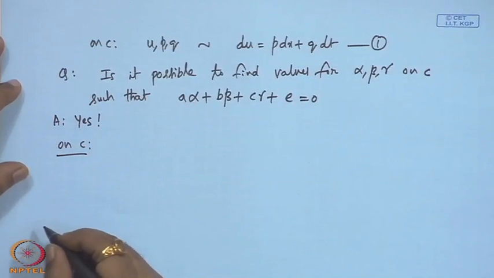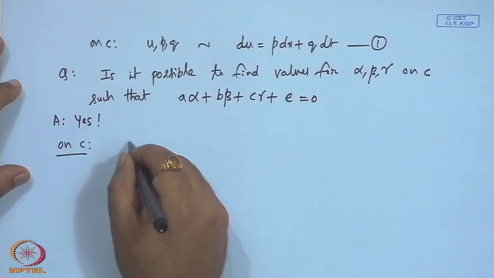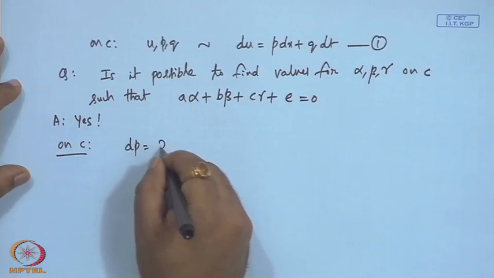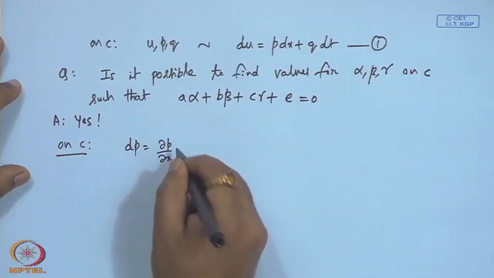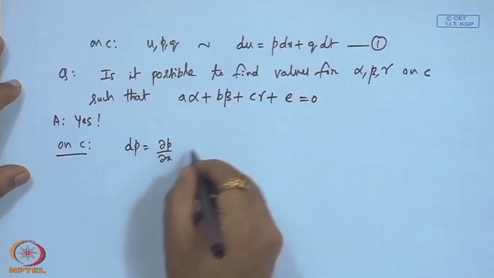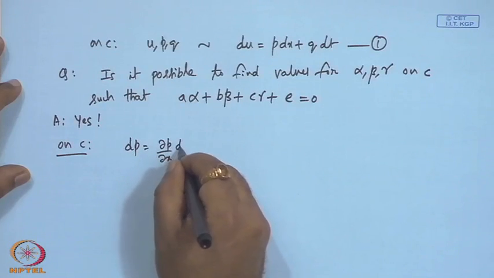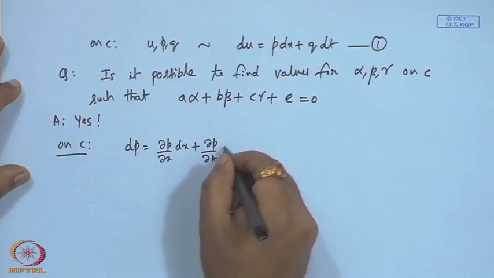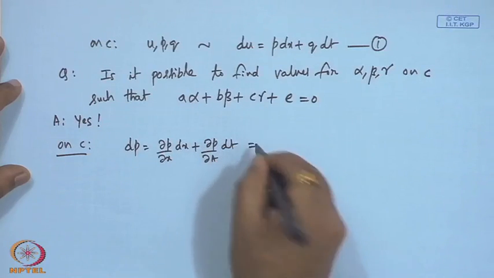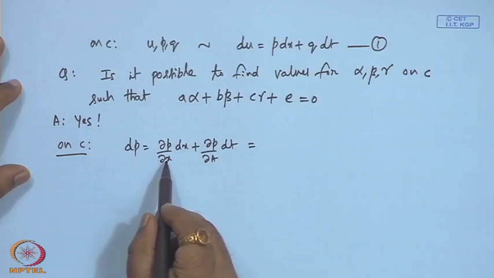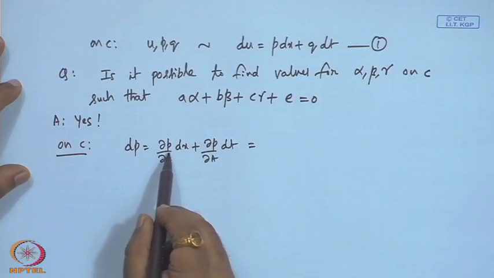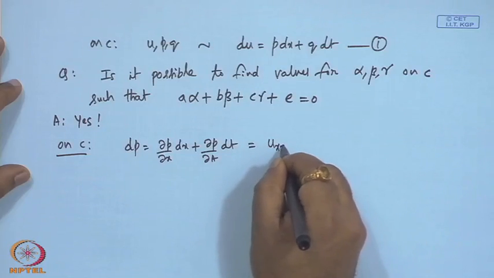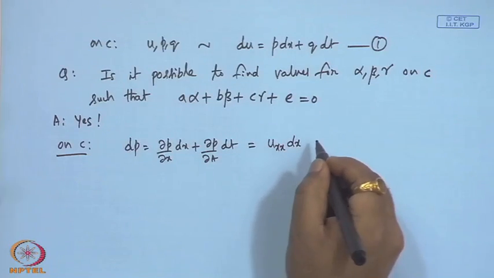Now, on this curve dp is, since p is known on this curve, it satisfies this, which is now p x is u x x.